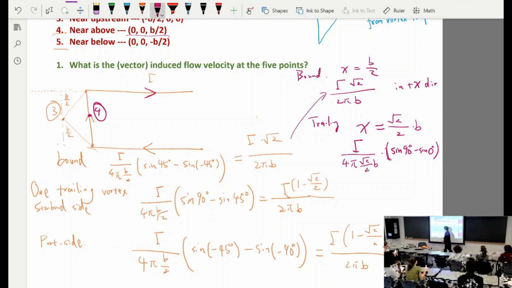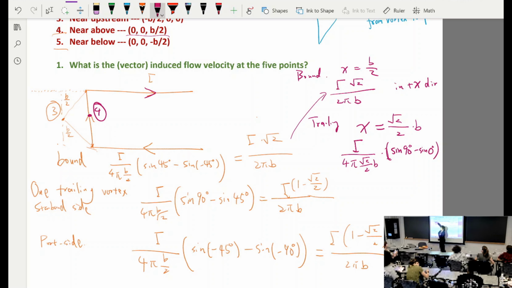Similarly, if you do it towards this vortex, the higher angle is going to be 0 and the lower angle is going to be minus 90 degrees. If you do the subtraction, it's again equal to 1. So the magnitude is exactly the same, but the velocity points into the board, same as this one, but also upwards.